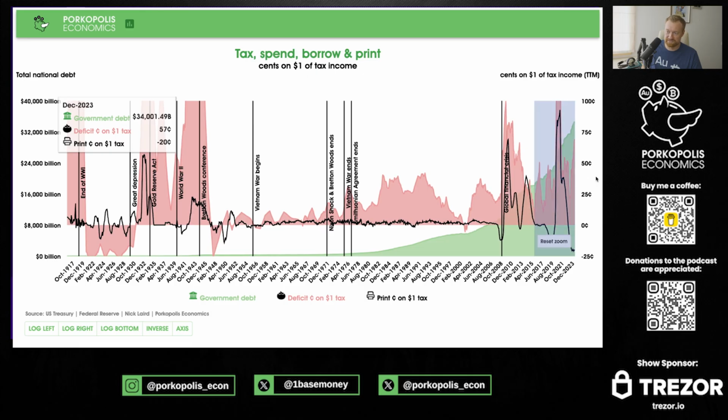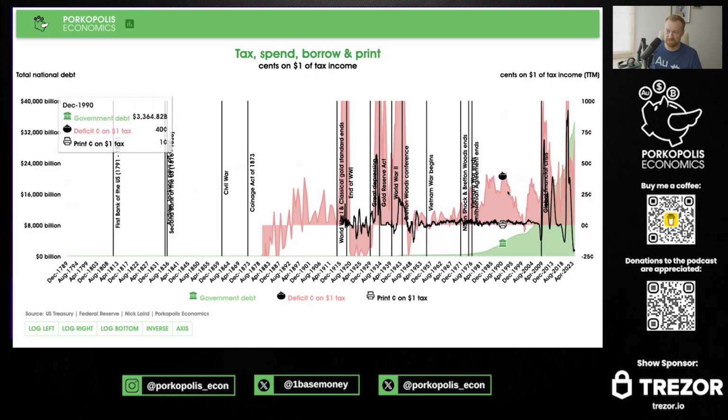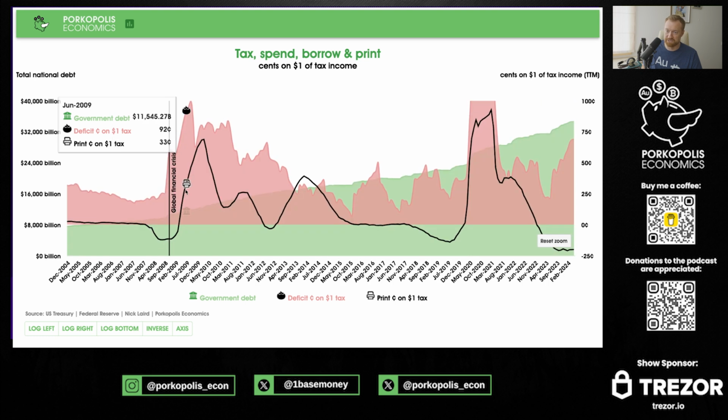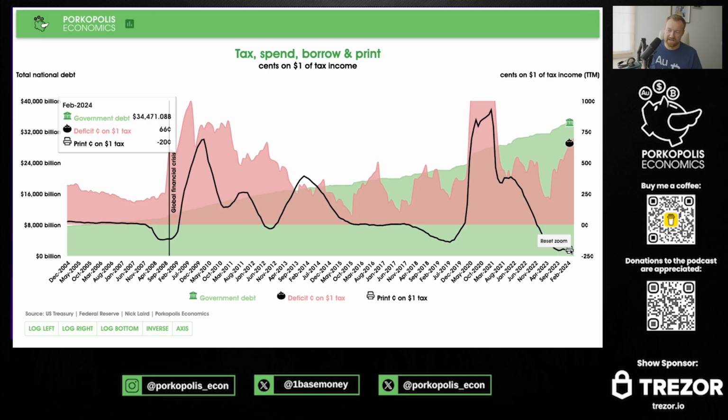We're at a very interesting point in monetary history where you see this black line becoming a bigger and bigger portion of the deficit spend. That just means for the larger and larger deficits that the government takes, the more debt it issues, the more it borrows, the more of a floor the Federal Reserve is putting under that market. They're buying a larger and larger component of that deficit spend, as you see here. And the problem is inflation, price inflation.